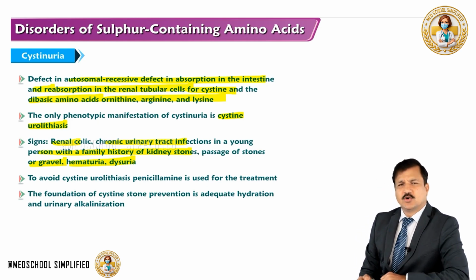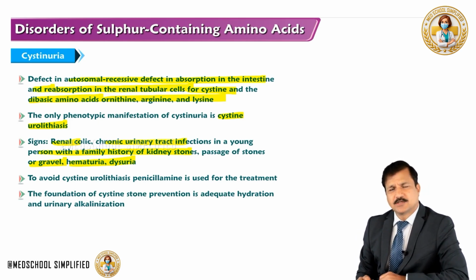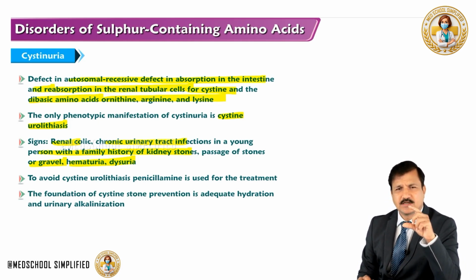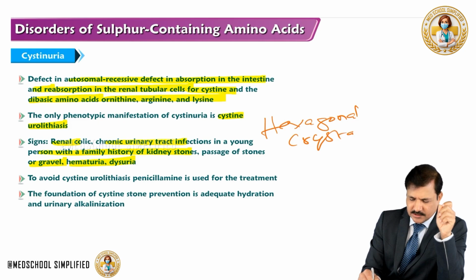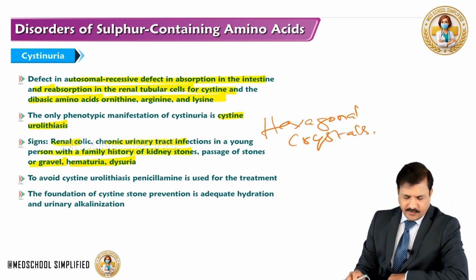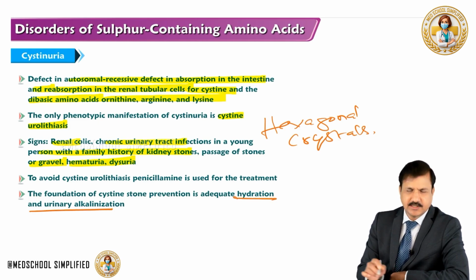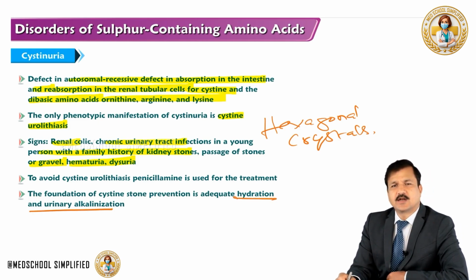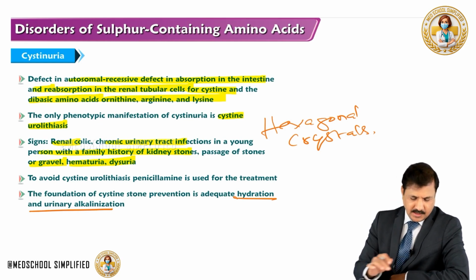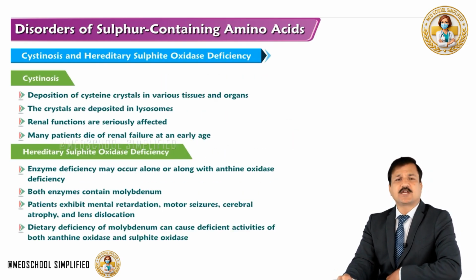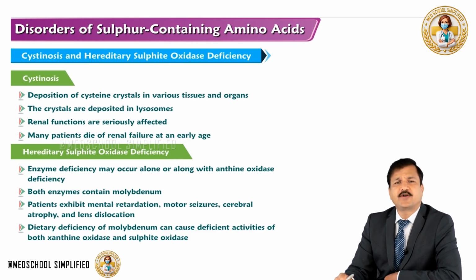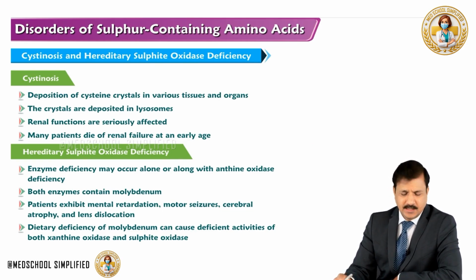The cystine stones in the urine, when observed under the microscope, will show hexagonal crystals. Remember that: hexagonal crystals in the urine. Now the foundation of cystine stone prevention is to provide adequate hydration and urinary alkalinization so that precipitation does not happen.